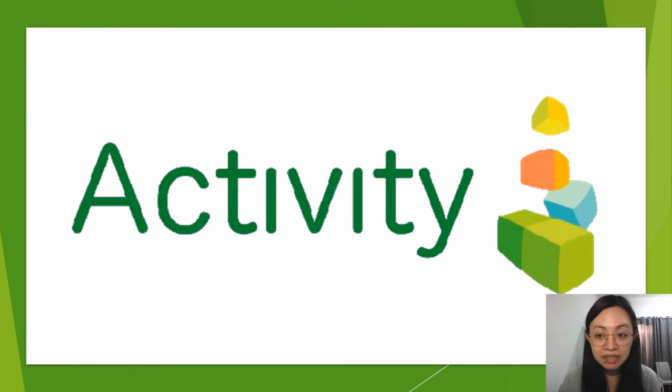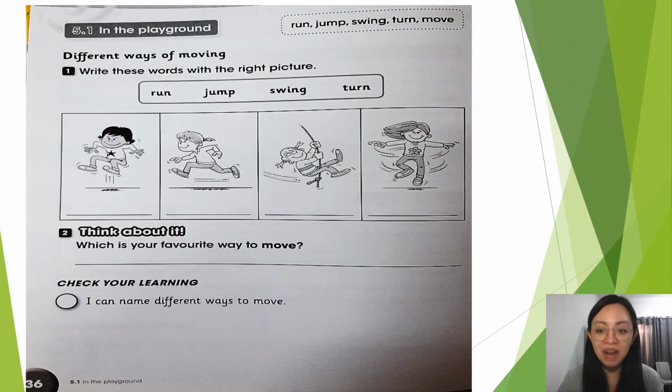Now for our activity, kids, I want you to get your science skill builder. Open your book on page 36. Have you found the page? This time we will answer your activity book, or your skill builder book. Now, different ways of moving. We have studied the pictures that show different movements.